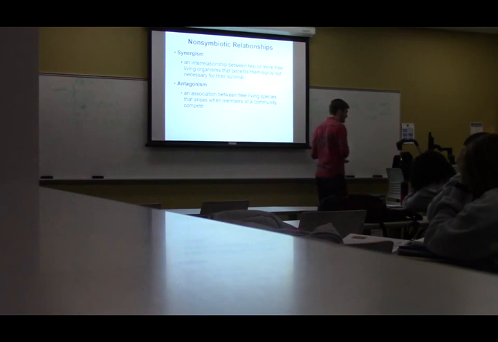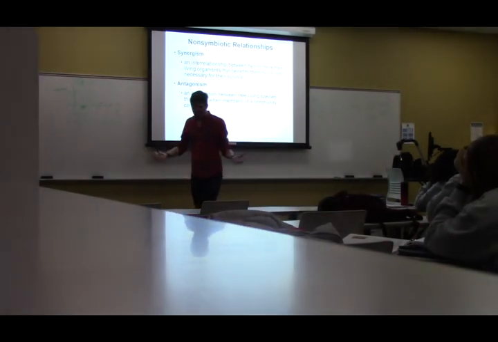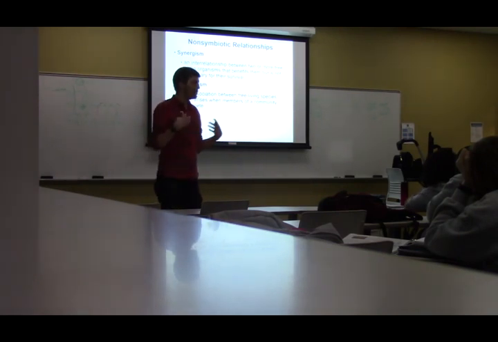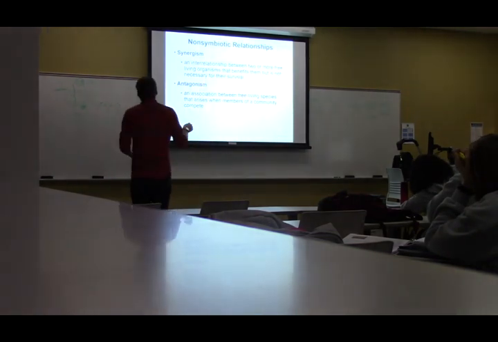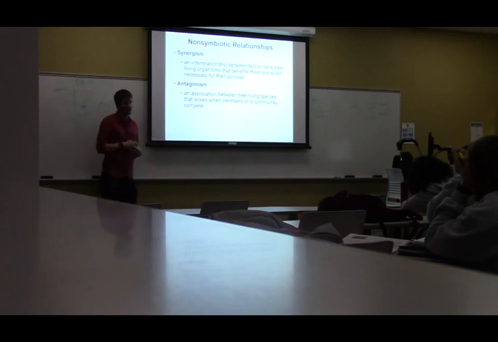Okay? Within this, there are two groups, synergism and antagonism. Synergism is where these organisms are living together in a shared environment. It's not required, but they like it. They're happy about it. Again, relatively rare. We don't see this too often in nature.